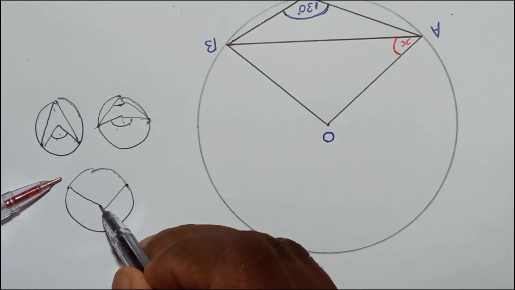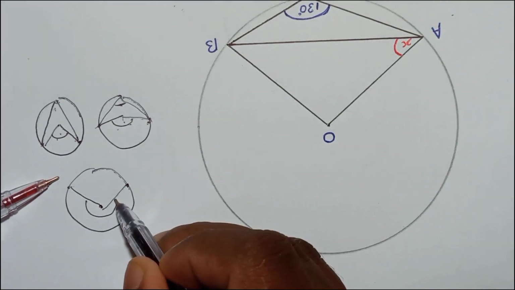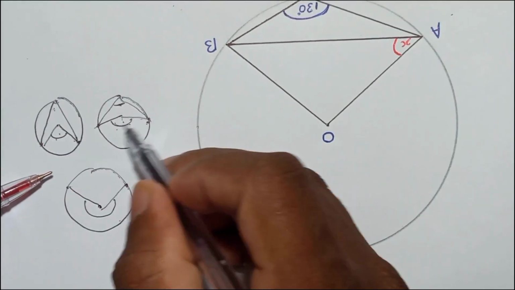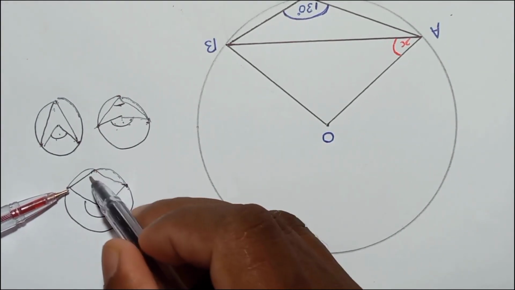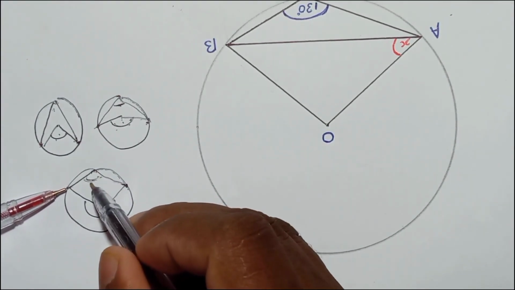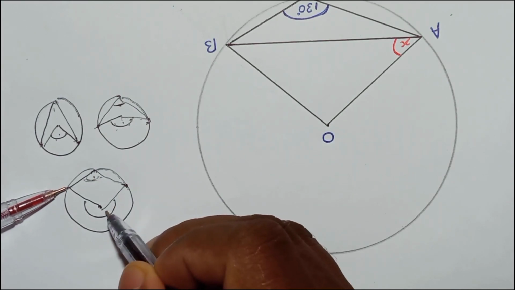This angle is twice of this angle. That means if this is 100, this will be 200.